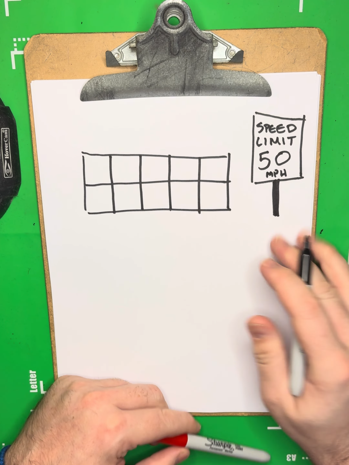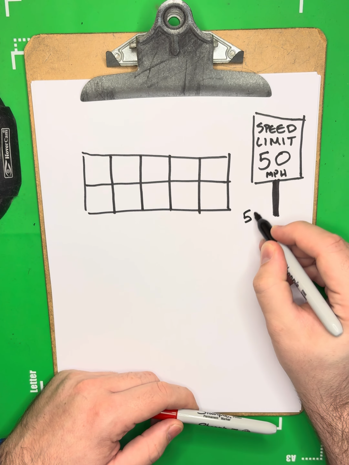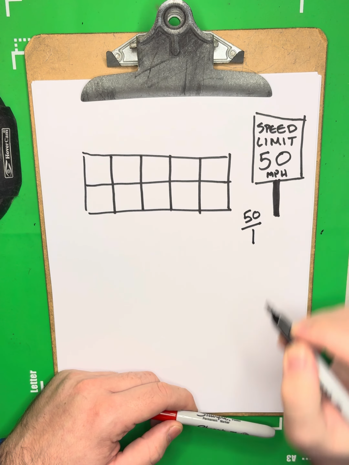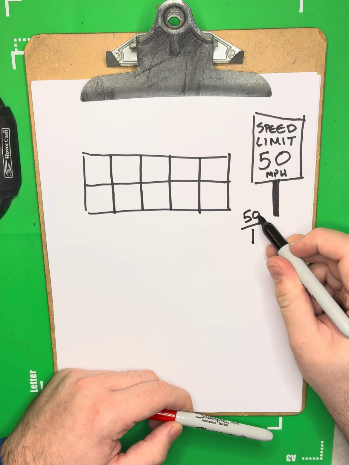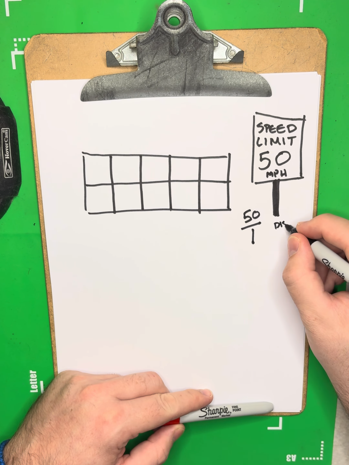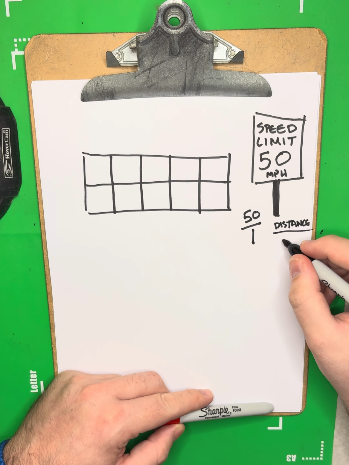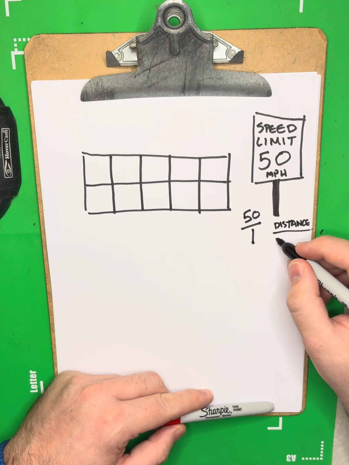So naturally that tells me that in 1 hour, I will drive 50 miles. 50 miles in 1 hour. So I put distance over time.